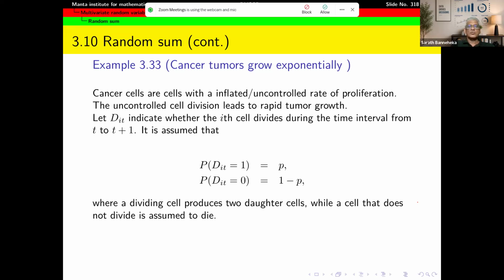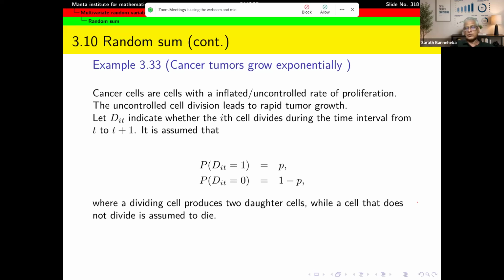It is assumed that D_it takes value 1 or 0. 1 means the cell divides into 2. We are considering only dividing into 2 in a given period of time. D_it equal to 0 means it doesn't divide.